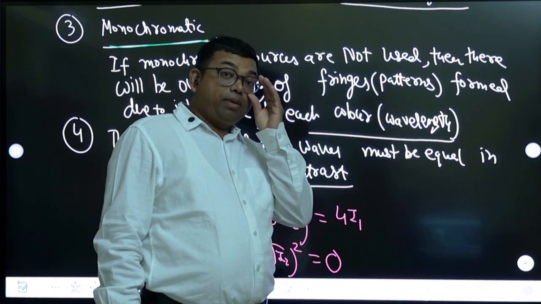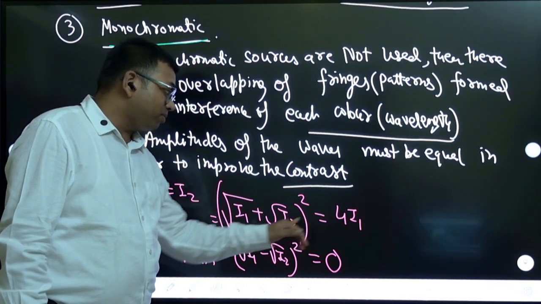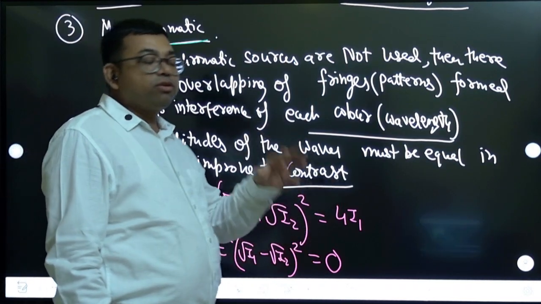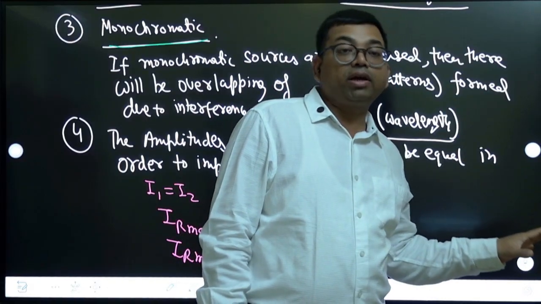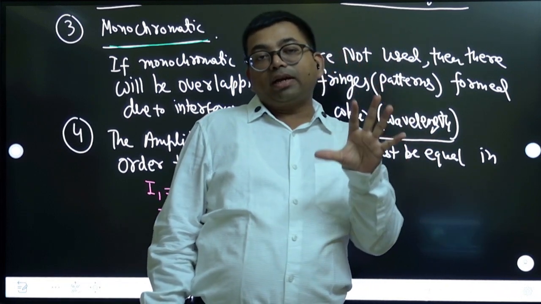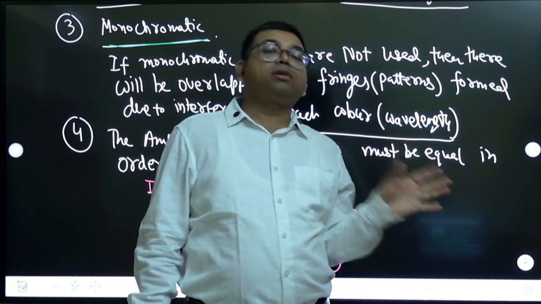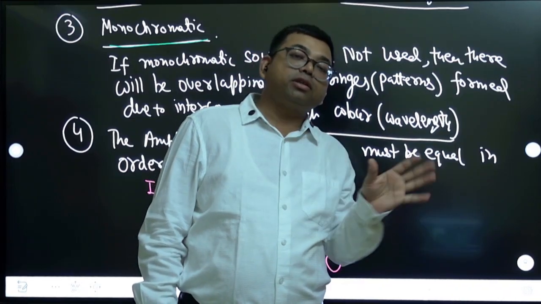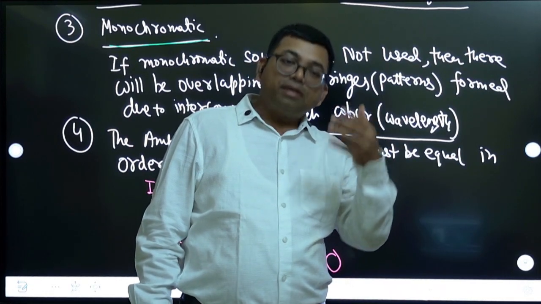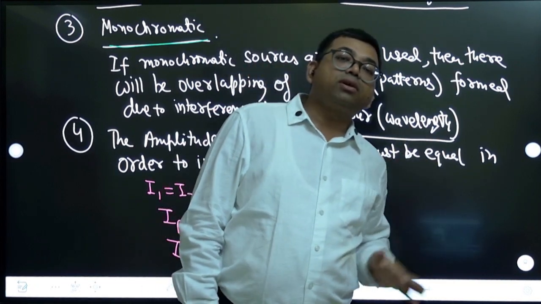So there is a big contrast. On the screen you will be able to see bright fringes like white and dark fringes like black, right? Somewhere more bright, somewhere less bright, but the maxima will be completely white and the minima completely 0. Other intensities will be in between completely bright and completely dark. So there will be a contrast.